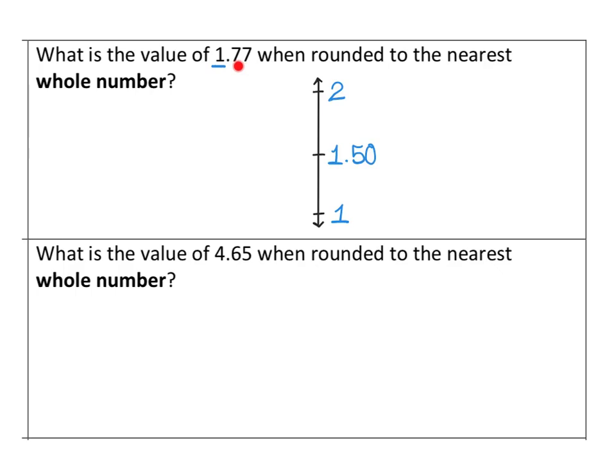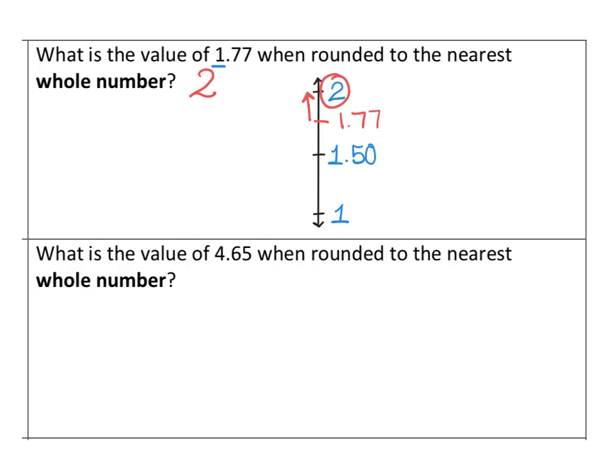Would 77/100ths be above 50/100ths or below 50/100ths? Well, when we learned how to count, we know that 77 is higher than 50. So draw your line. 1 77/100ths would be more than 50. So we are going to round up to 2. So our answer is, the nearest whole number is 2.